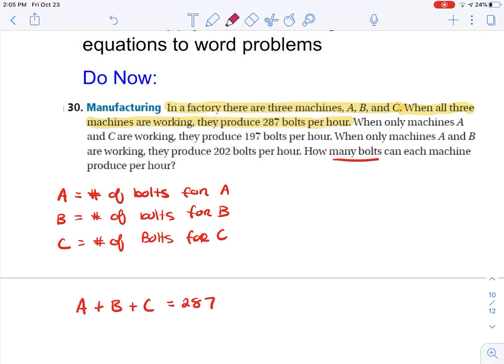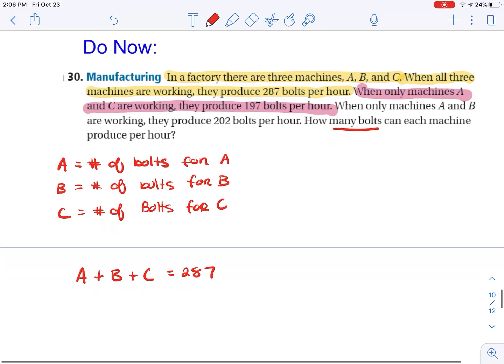Sentence 2 says, when only machines A and C are working, they produce 197 bolts per hour. Okay, so what does that mean? Well, I'm going to add A and C, because those are the only ones working, and that has to be equal to 197.